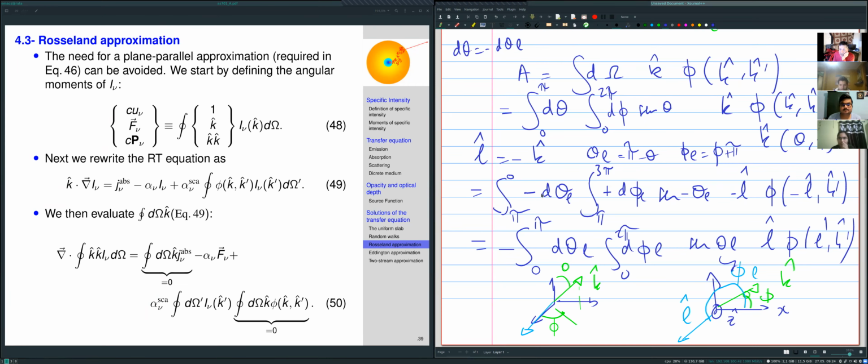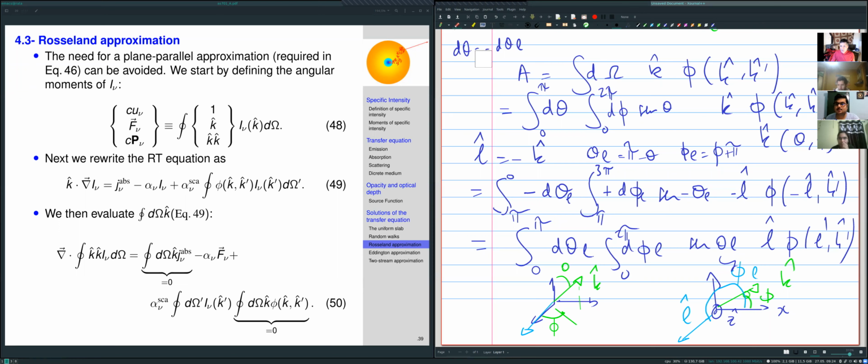Okay, so indeed, with this minus, I can change the order of integration from pi to 0 to 0 to pi. So this is the same as the integral over d theta L. This minus here goes. This is not correct. Let me erase this equation then, because this is not true.